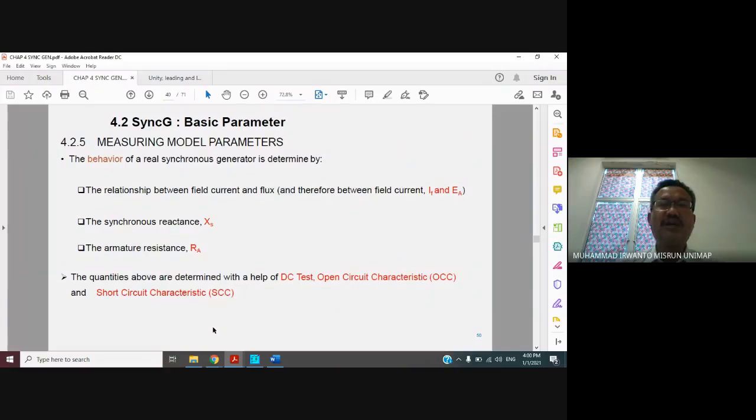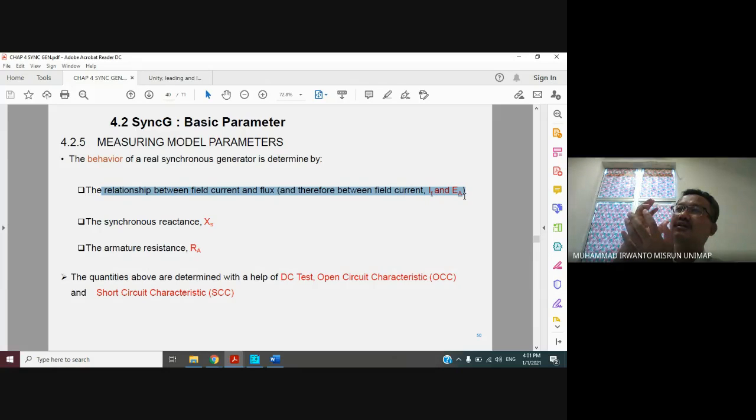Okay, so this one is measuring model parameters. This relates to lab 5 part 1. The behavior of a real synchronous generator is determined by the relationship between field current and flux, and therefore between current IF and EA, like what I discussed earlier.